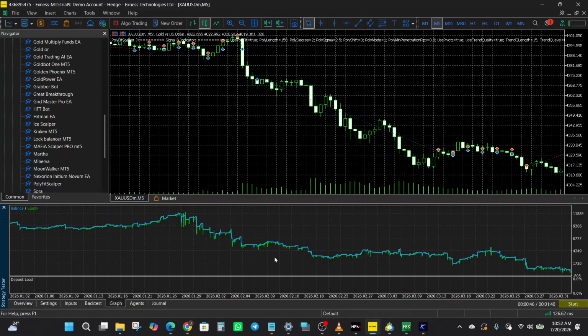Let's just briefly look at the graph. The balance and equity curve here, of course, what are we going to expect for an account that got blown? From the start, it was sort of stagnant. Had there been some level of profit over time before a decline started, maybe it would have been encouraging.